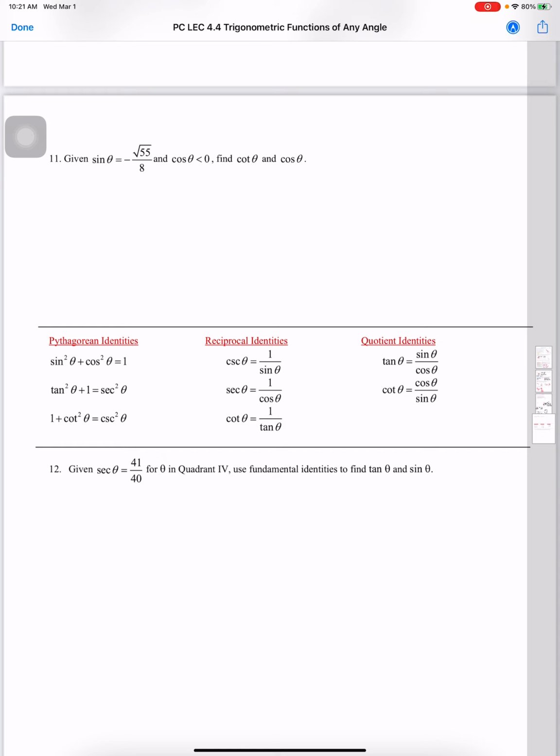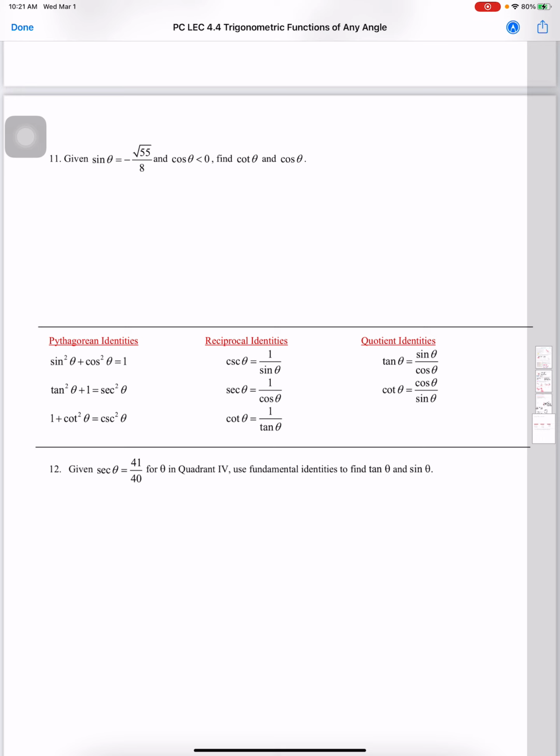Let's look up top. Given secant, I want to find tan and sine. Okay, so let's start with tan. If I want to find tan and I'm given secant, I probably need to use one of those identities that relates secant to tan.